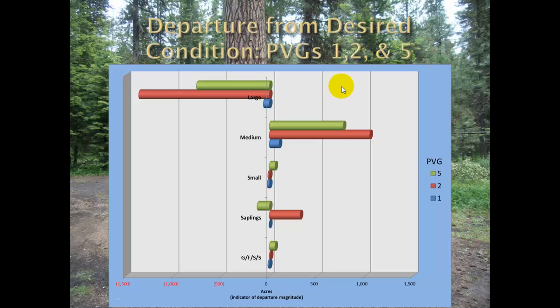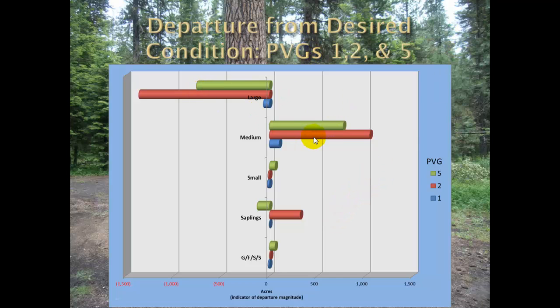So what this chart is telling us is the conditions in the Middle Fork are consistent with those across the Payette National Forest in general, and that is, for these three PVGs, the large tree size class is underrepresented. The medium tree size class, however, is overrepresented, and small sapling and grasses, forbs, shrubs, and seedlings have some departure, but not to the extent of the medium and large tree size classes.